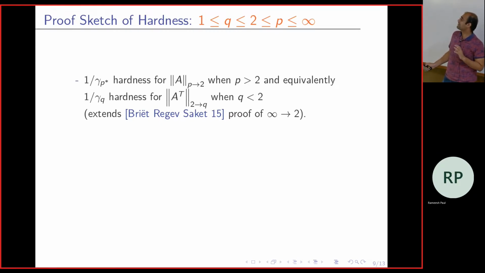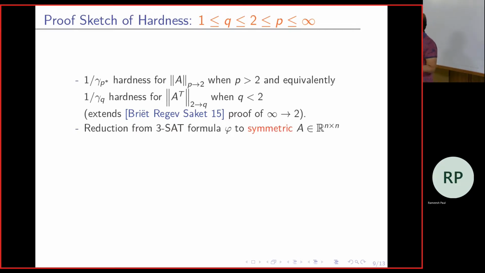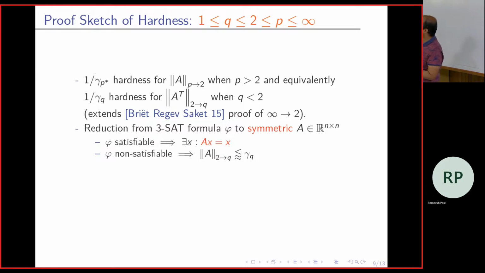Our analysis is similar to theirs, like our gadget for the reduction is very similar to theirs, but our analysis requires some more tools to extend this from infinity to p. But that's what we started with. The reduction produces a matrix with a nice property.